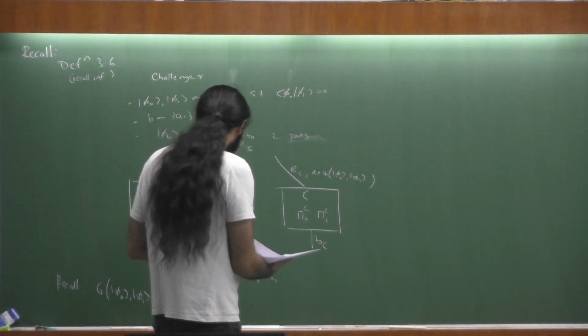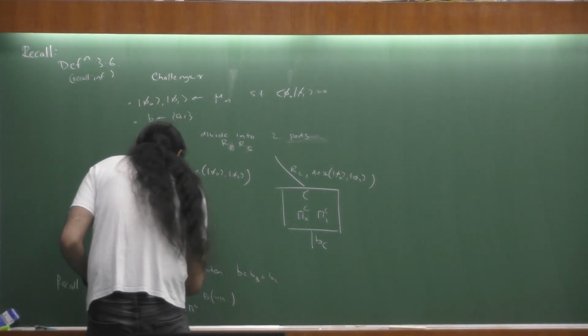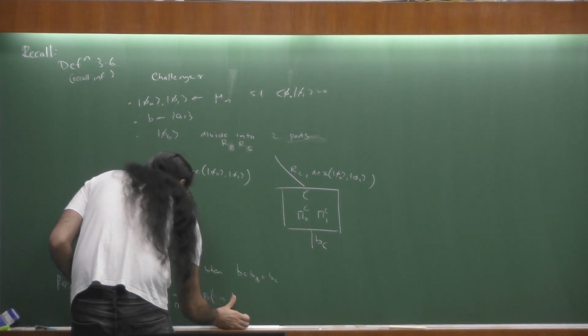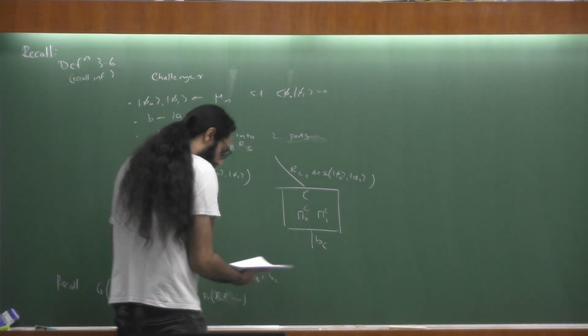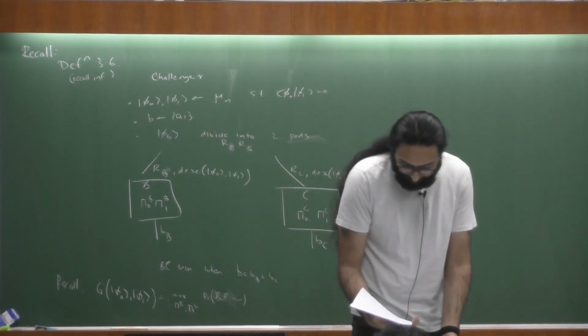So this is the probability, I can write here BC win. Okay, good. So this is where we were.